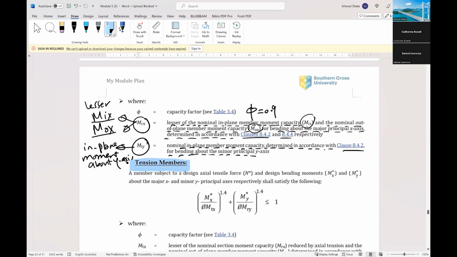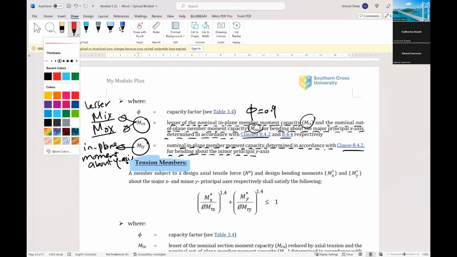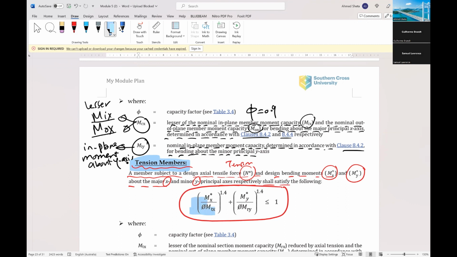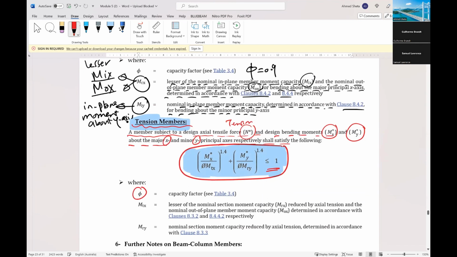For a tension member, a member subjected to design N star tension and design moments Mx and My about the major and minor axes shall satisfy the following. So this is the formula: Mx over phi Mtx plus My over phi Mry, all to the power 1.4, should be less than or equal to 1, where phi is 0.9.